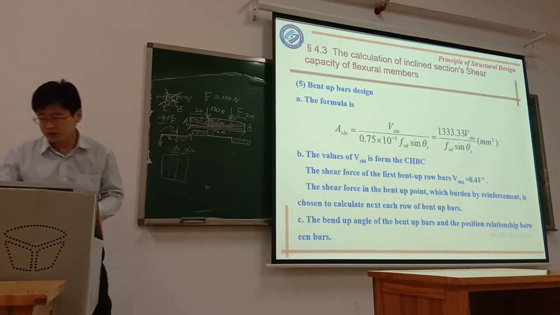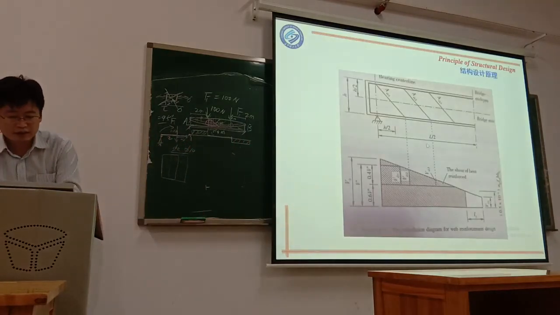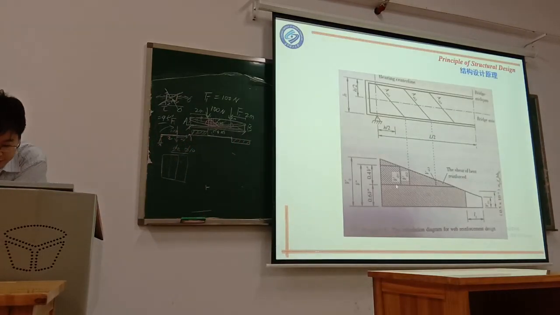Oh, I think we got this figure, see? Yeah, this figure. You see, for this first bend up reinforcement, the shear force is borne by this bend up reinforcement, the shear force Vsb1.